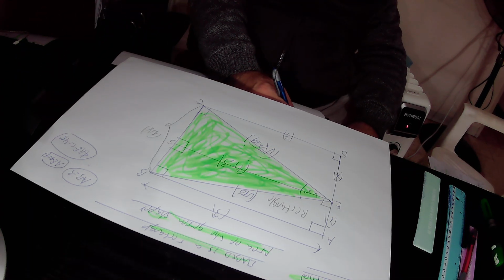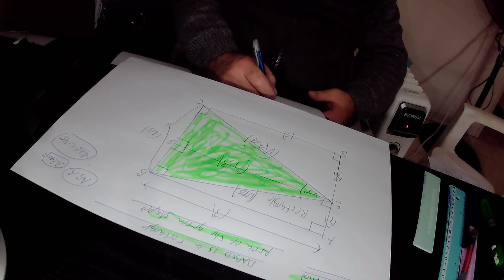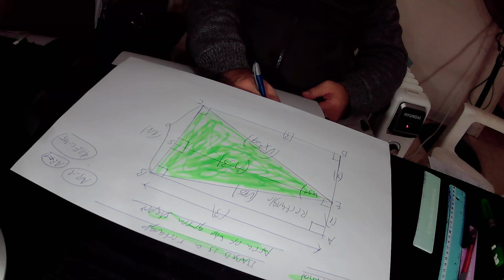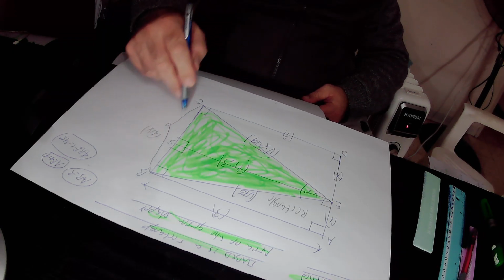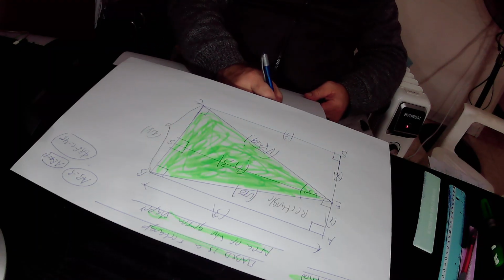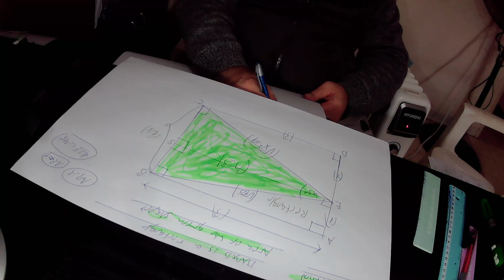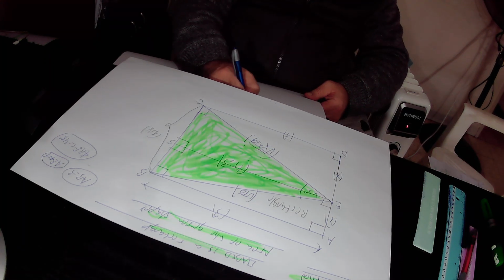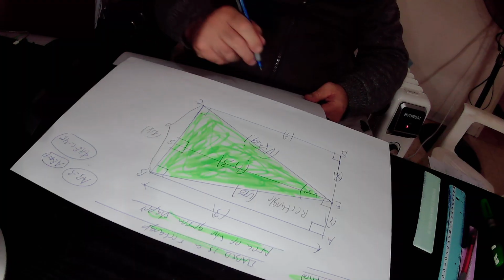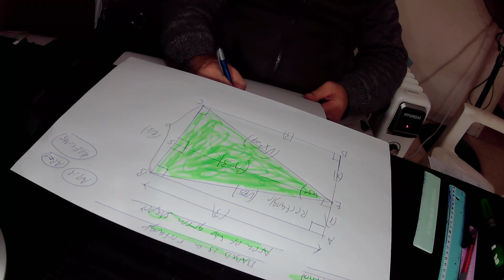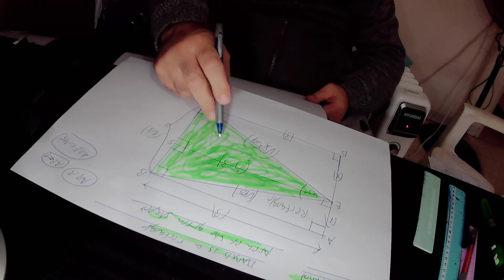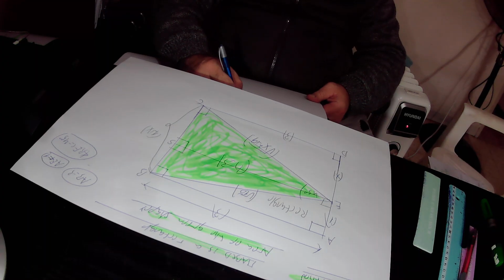The area of the right triangle BCE equals the base BC times the height to the base, that is h, over 2.